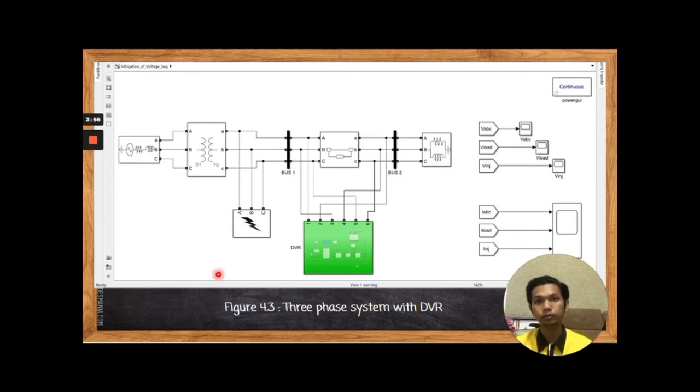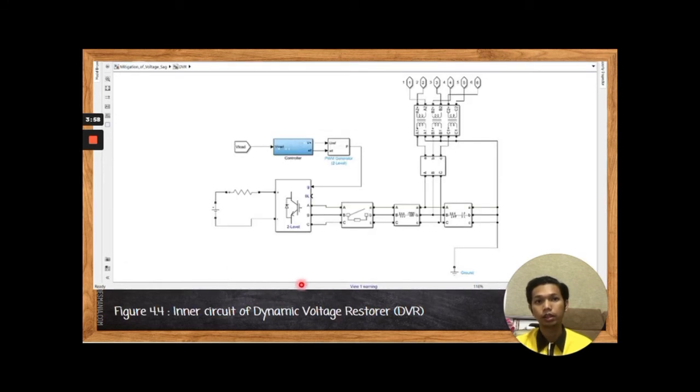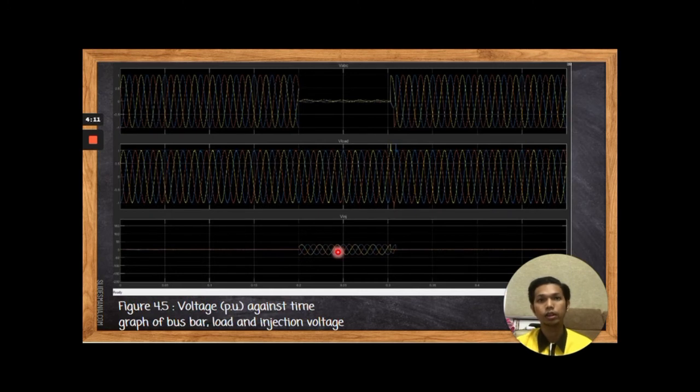Next, figure 4.4, which is the inner circuit of the dynamic voltage restorer DVR. So this is the inner circuit that we got from the DVR. Okay, next is the voltage graph in PU. In this figure is the voltage against time graph of bus bar, load, and injection voltage.